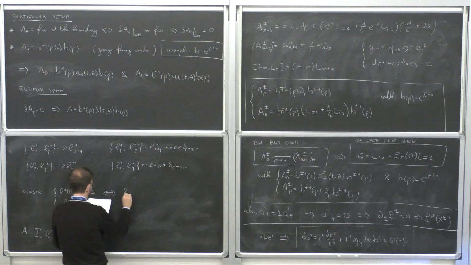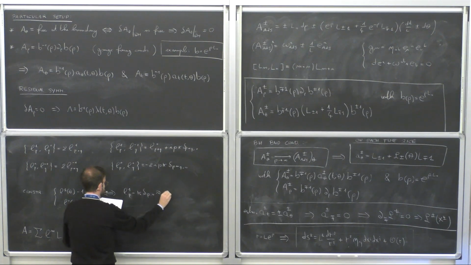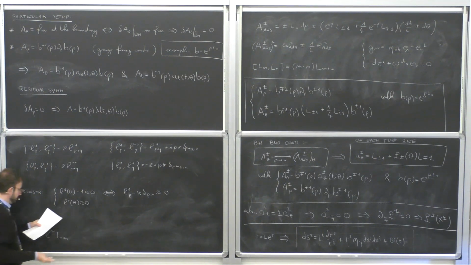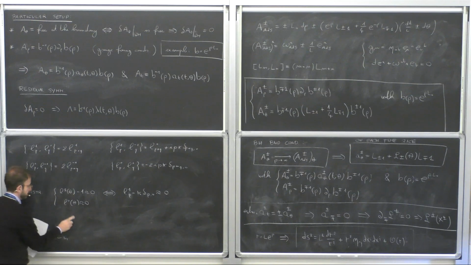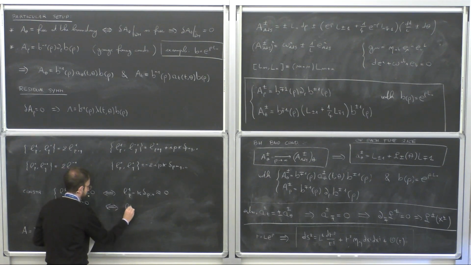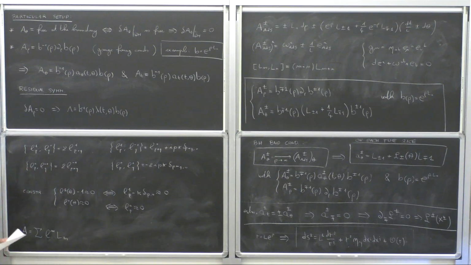And the first means that L1 P minus K delta P 0 is equal to 0 for the modes. And this one, I can also see it as a constraint for the modes. So that's for theta, and this is the same as saying that L0 P is equal to 0.